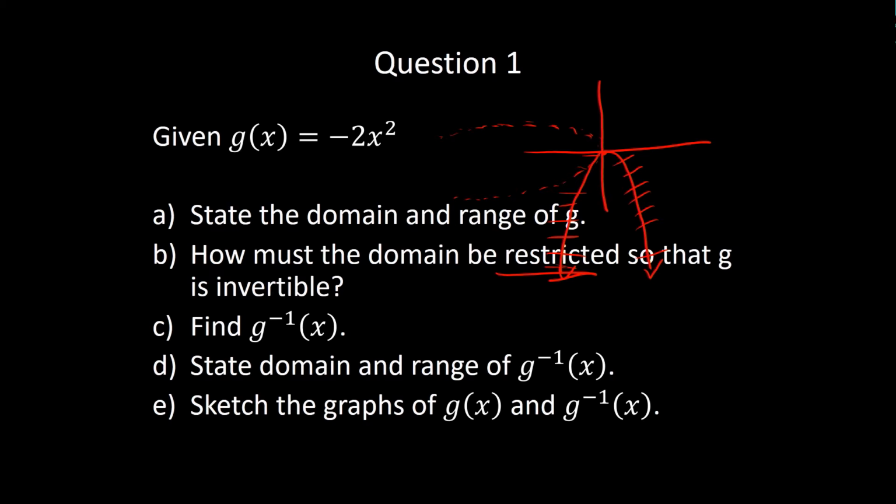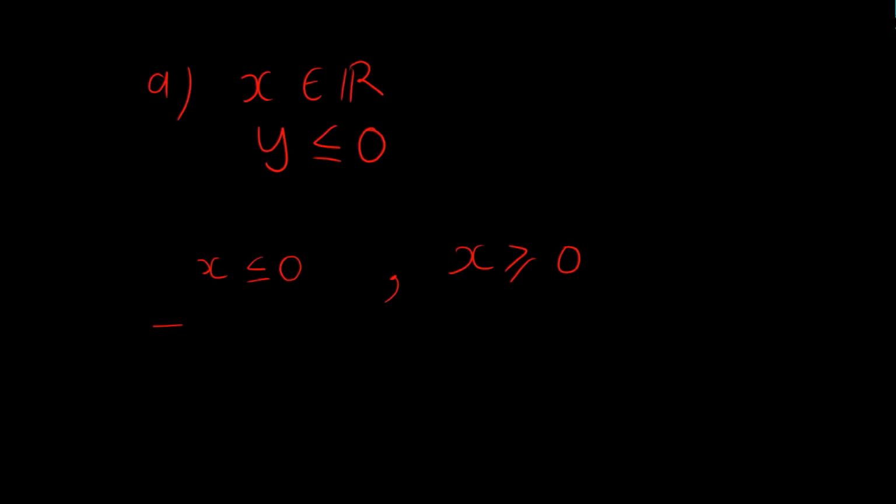All right. The next part says find the inverse graph g inverse of x. So we've got g of x, which we'll write as y, is equal to negative 2x squared. To find the inverse, I swap the x and the y values, so I will get x is equal to negative 2y squared.